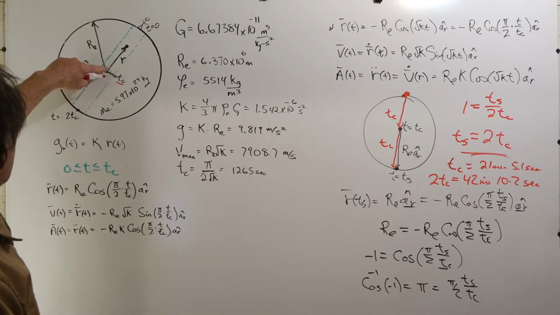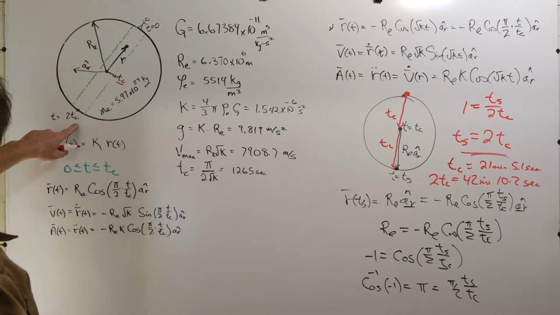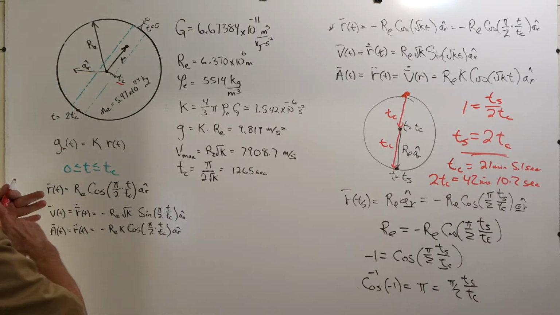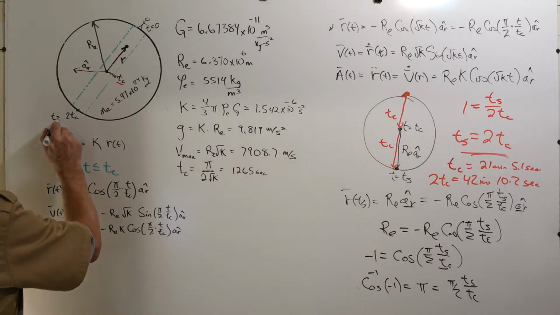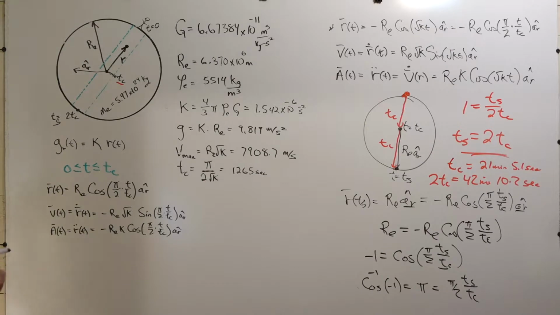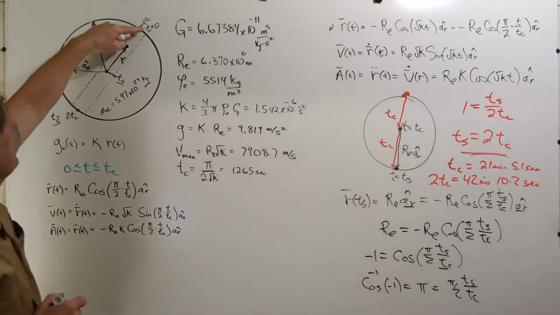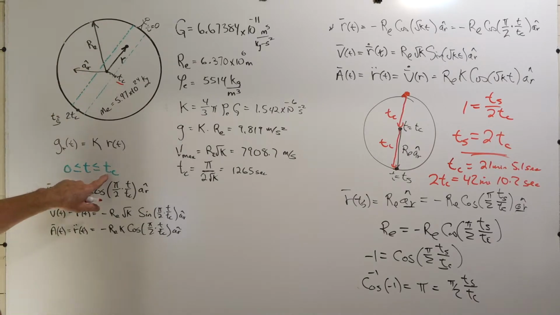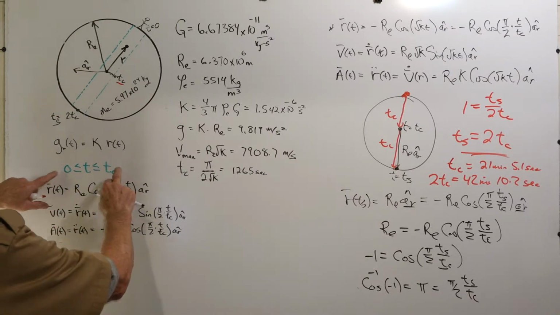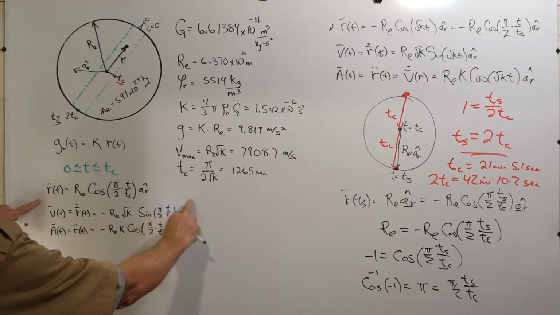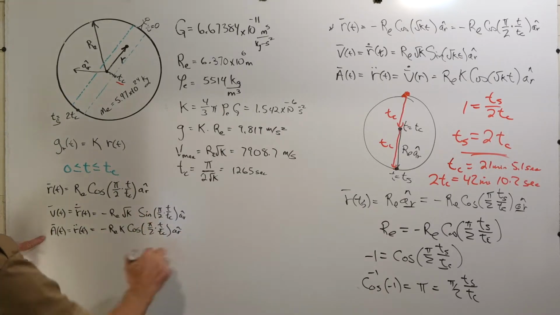And then we continue on till we get to the surface again. And here the time to the other surface is 2 t_c. Okay, so going from t equals 0 to t equals t_c, so in this time interval, 0 to t_c, we have these equations, which we previously figured out.